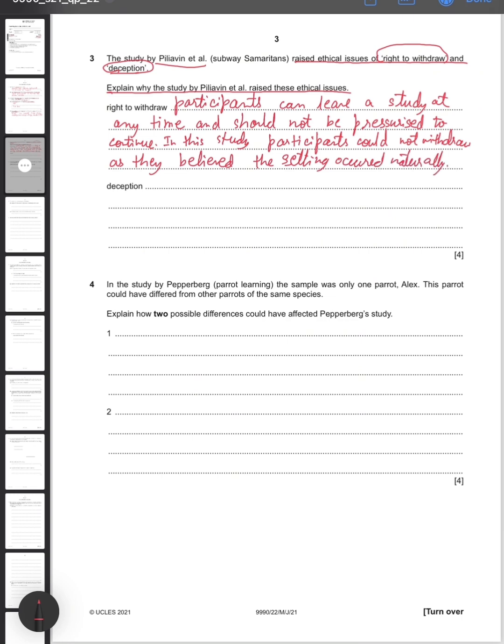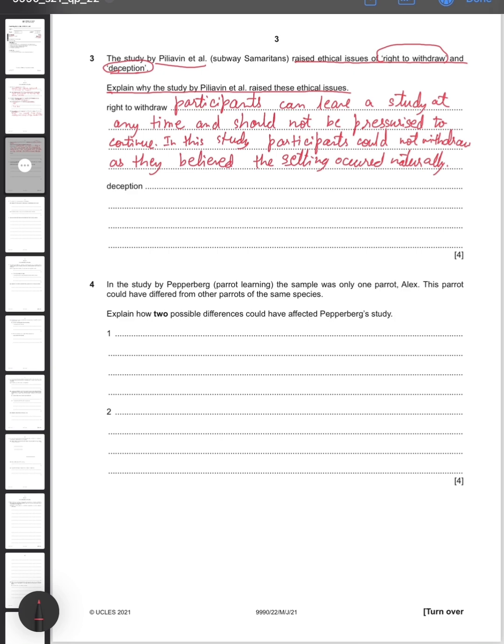They were not aware of the study at all, so how could they even withdraw? So they were not even aware that they were being studied, so they did not have the right to withdraw. They were not aware that they were being observed in the subway carriage.